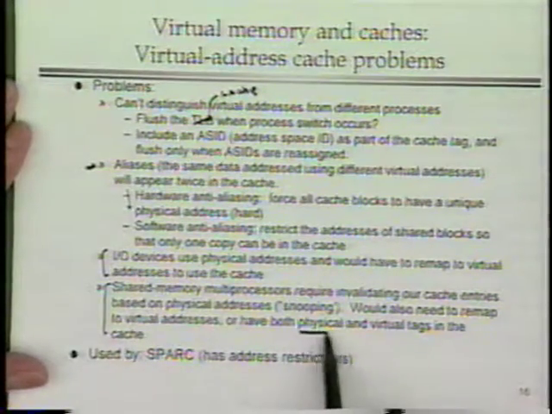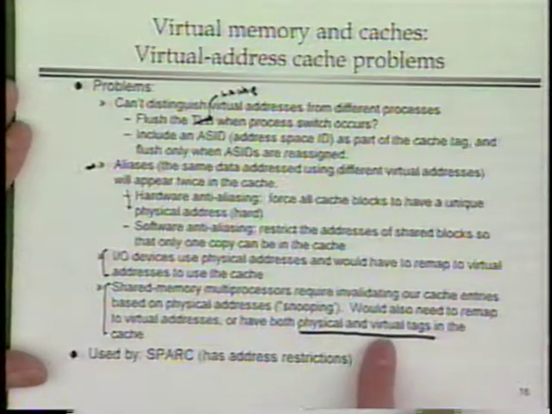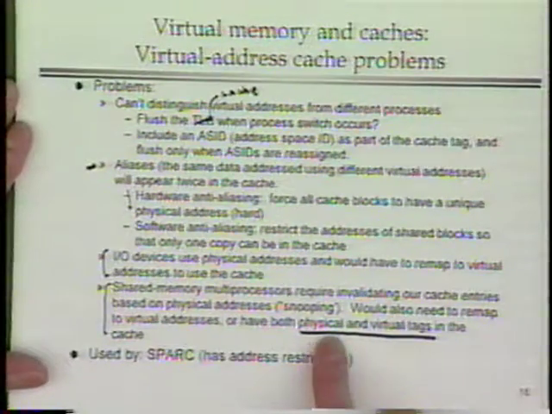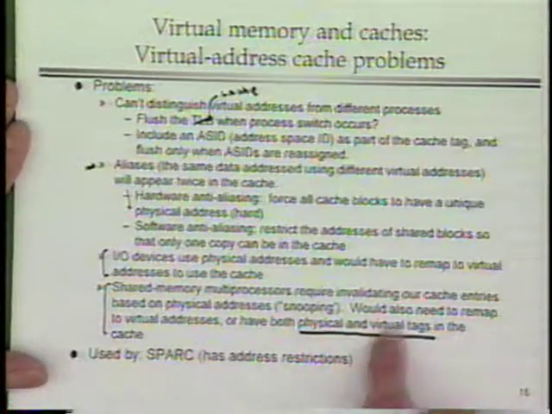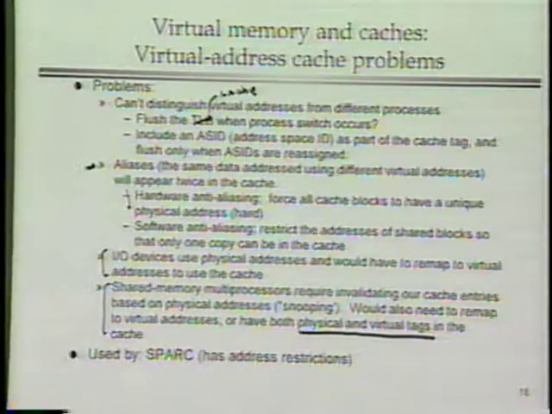Or another scheme you can use is to have in the cache both virtual tags and physical tags at the same time. Physical tags to be used by other processors and I/O devices, or virtual tags to be used by the current process that wants to get one cycle accesses without having to do the address translation.